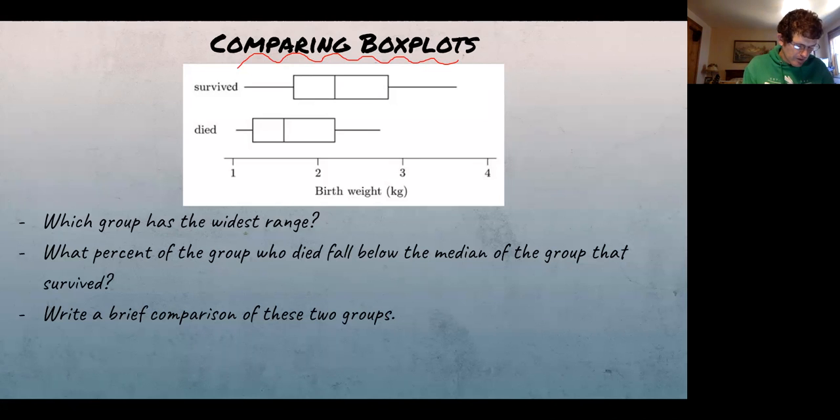So we'll just verbally go through this. For those that survived, I would say it's symmetric, or it appears to be symmetric and possibly unimodal. All these little weasel words that say that maybe this is true. And among those who died, I would say it's possibly unimodal and most likely skewed to the right.